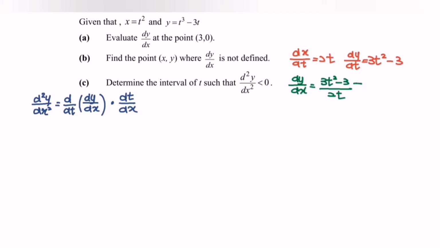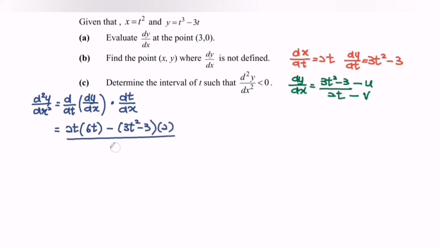3t squared minus 3 is u and 2t is v. So we are going to use the quotient rule to differentiate dy/dx. It begins with v, where we have 2t, multiplied by u prime, where we will have 6t, minus u multiplied by v prime, where we have 2, over v squared.